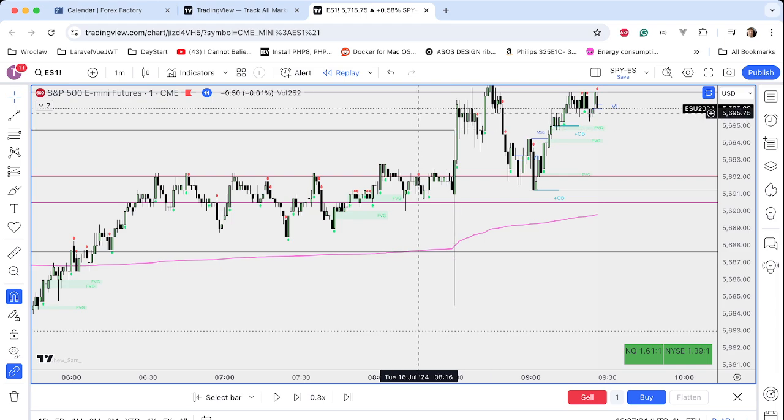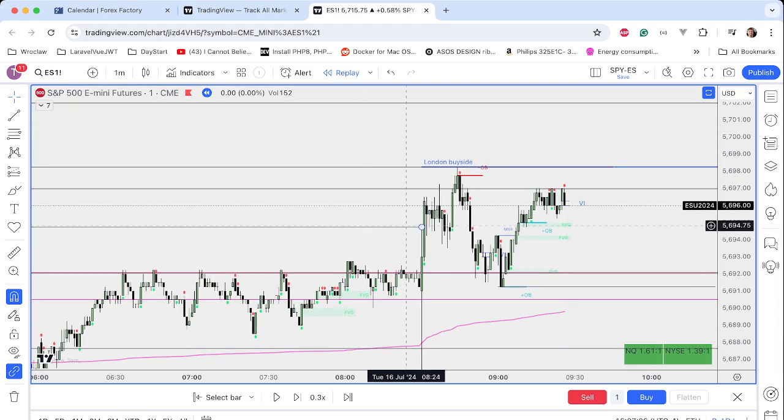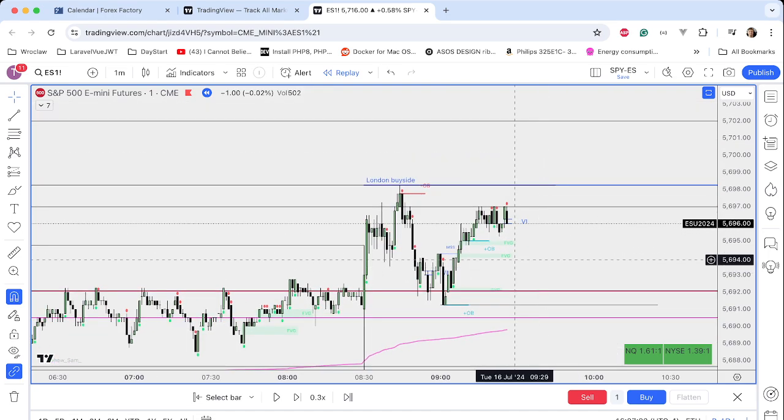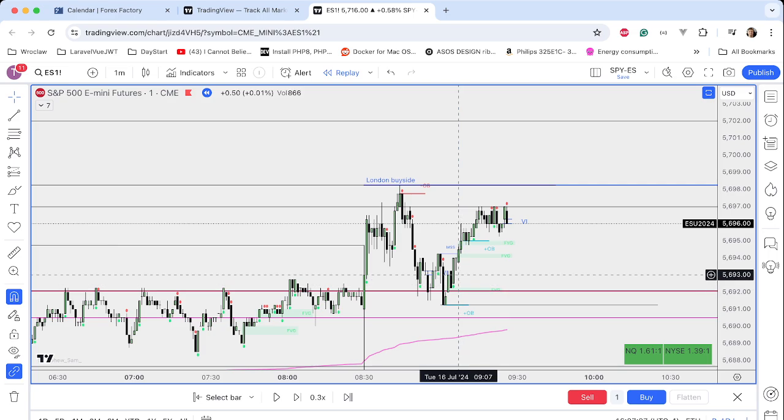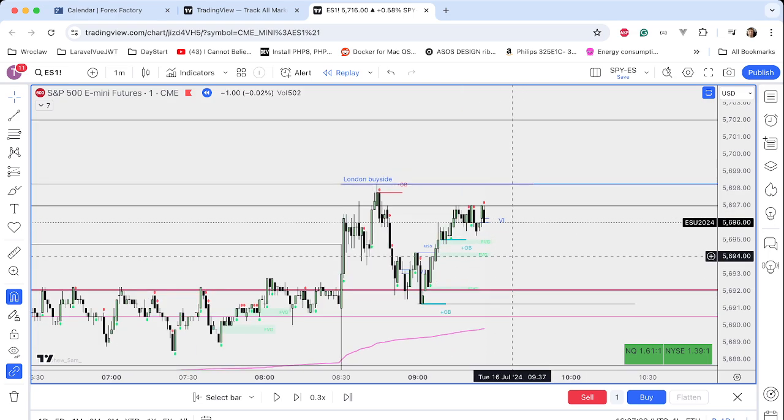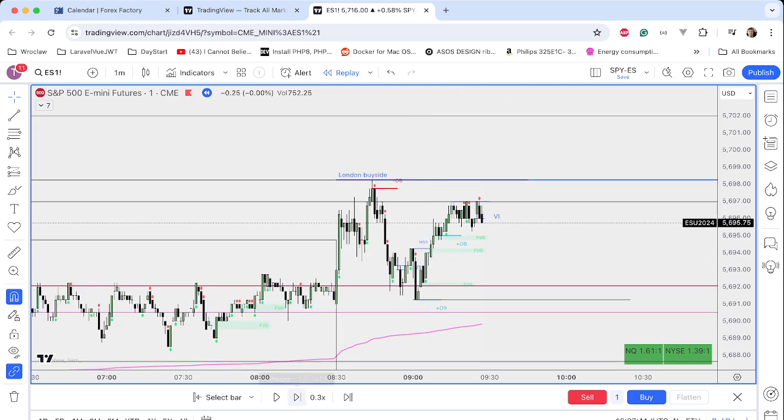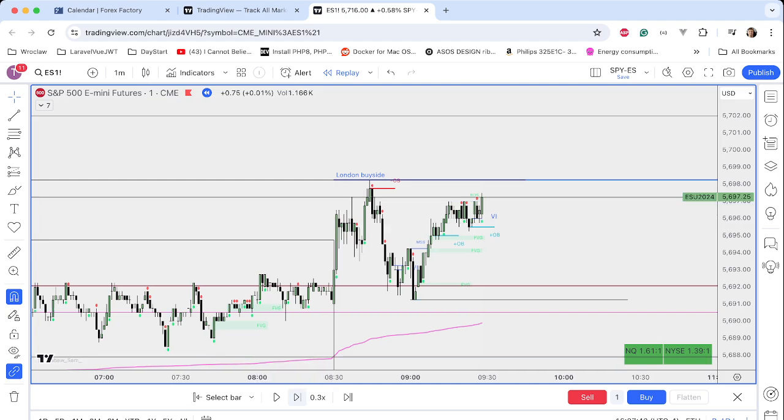We sold. We pushed even higher. Fine. This is our London buy. Then we dropped and they started to buy one more time. And that looked bullish to me. So again, bullish at the open.